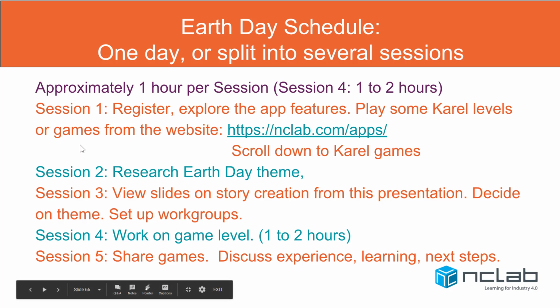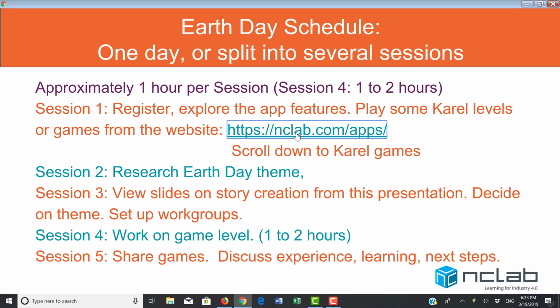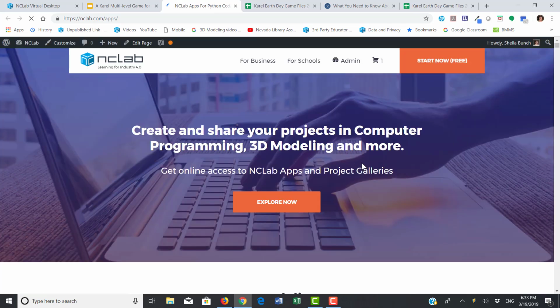So the first session, you want to acclimatize your participants. Make sure they're all registered, that they have their NCLab accounts. And really, it's just fun to explore the app features. They can even be playing it from the website itself while they're waiting to be registered.